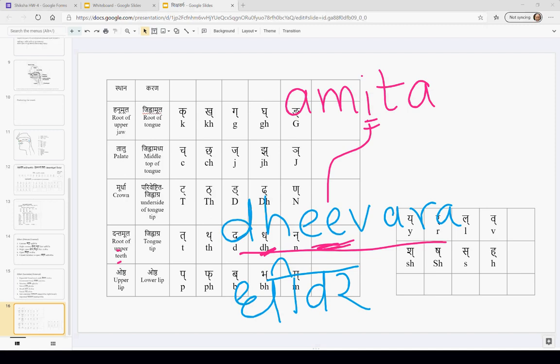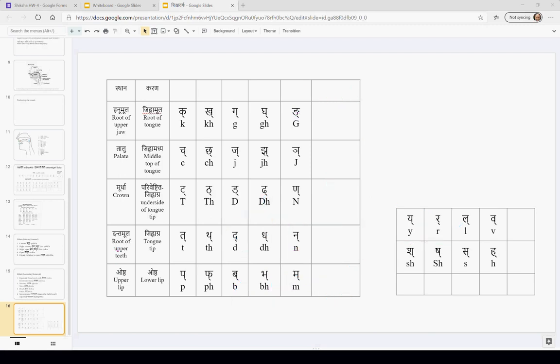It's very clear. And if somebody is practicing, it is better to elongate more than to elongate less. Elongate more and then try to practice elongating lesser and lesser. Do not elongate more than required. Amita, Dhivara. Dhivaraha, Amita. Amitaha, Dhivaraha.